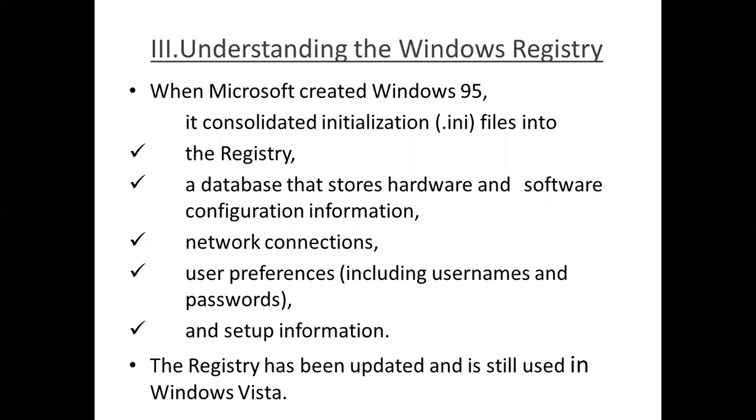And it also has a database that stores hardware, what are the network connections that are associated with the system, and what are the usernames, passwords. So all these kinds of information will be there in any Windows. And the registry will be kept on updating. And we have an updated registry even now, until Windows Vista and the latest versions also.